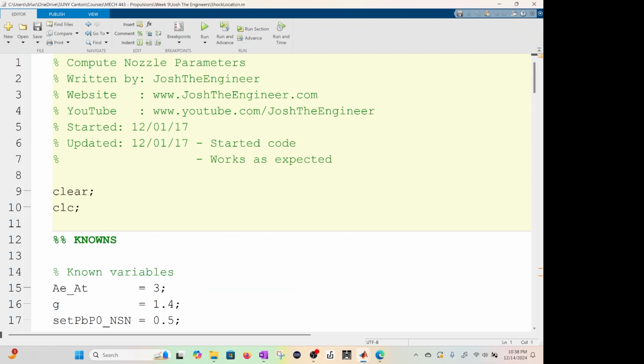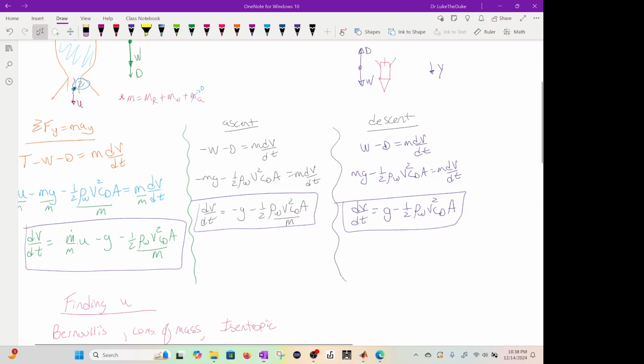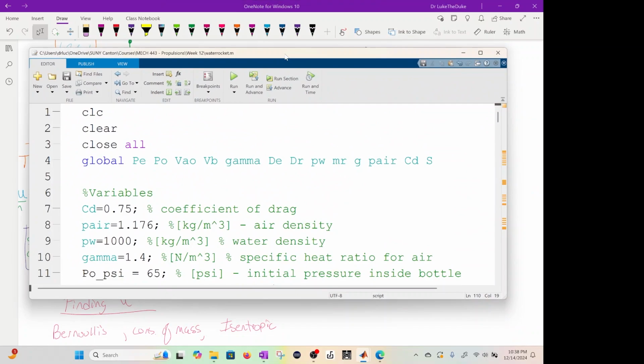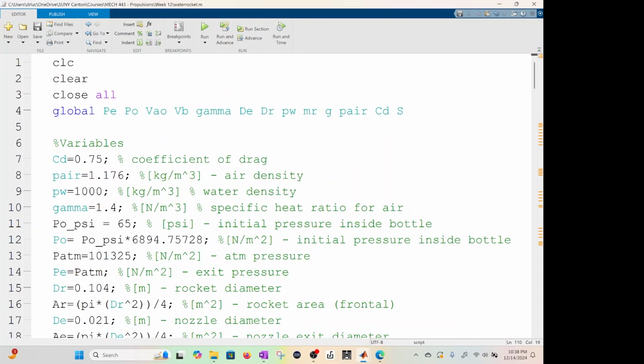So let me show you. Oh, not that one. Let me show you, is it this one? Yes. Okay. So here is a program that calculates altitude and some thrust characteristics for a water rocket. All right, so let me run this.